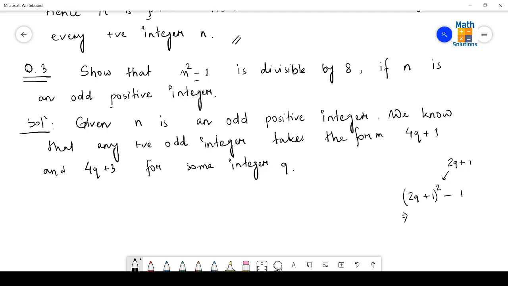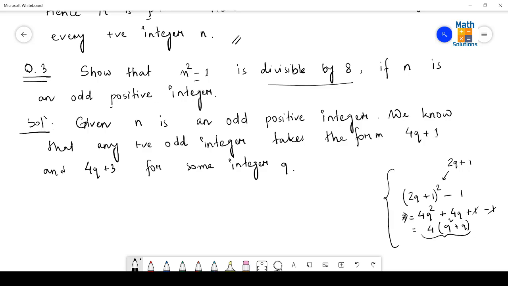Let us break it. 4q square plus 4q plus 1, minus 1. 1 minus 1 got cancelled. 4 comes as the common term. So we cannot show here that this number is a multiple of 8, which further does not allow to show that this quantity is divisible by 8. That is why this is discarded. We are taking 4 and not 2.